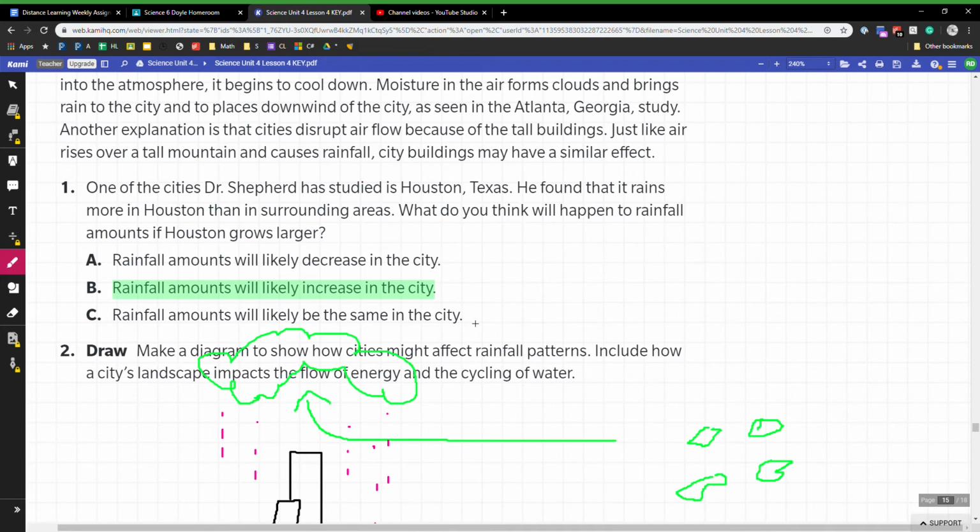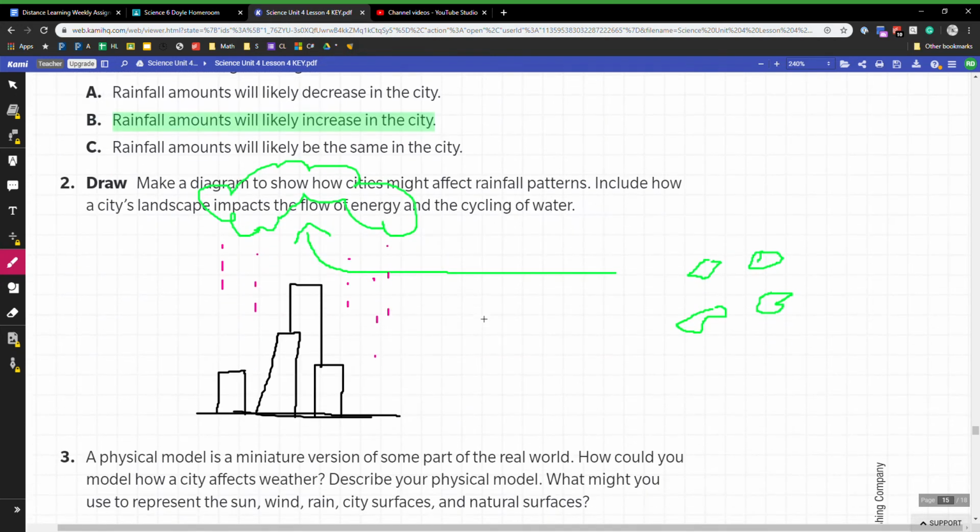And then it says, make a diagram to show how cities might affect rainfall patterns. So over here we'd have the cycling. This is only partially completed at the moment.